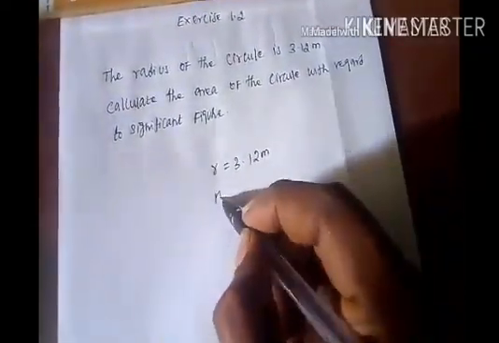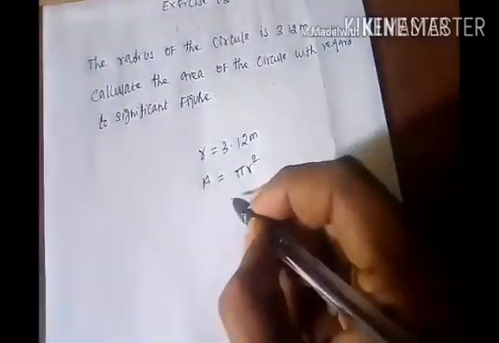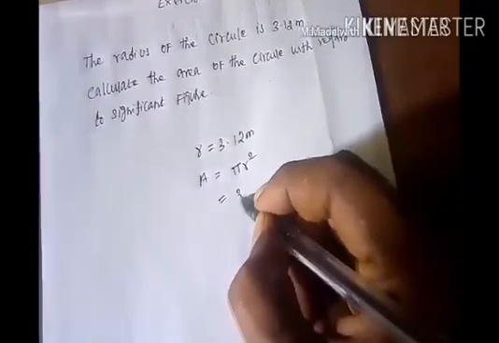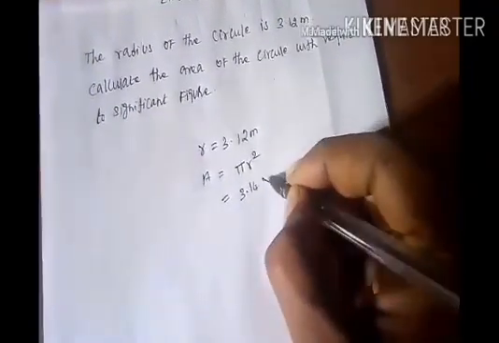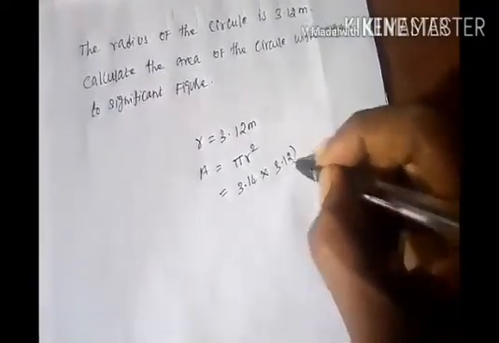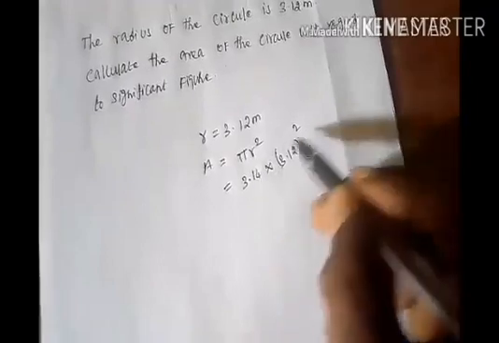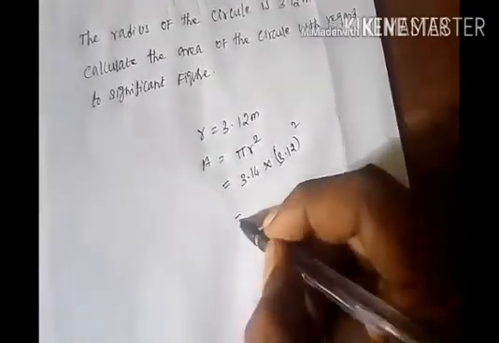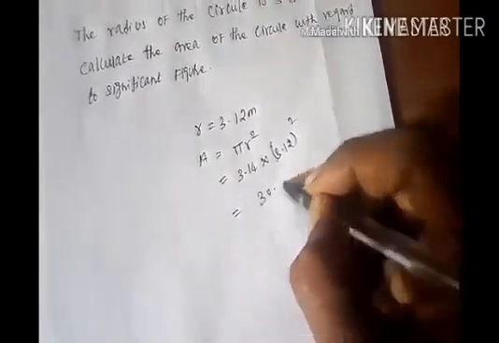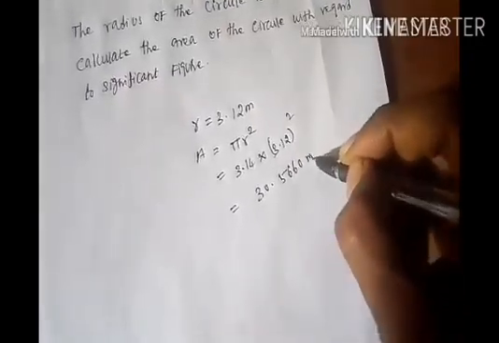The area of the circle is equal to pi r square. Pi is a constant, 3.14, into the r value, 3.12 whole square. If you multiply these values, we get the result as 30.5660 meter square.